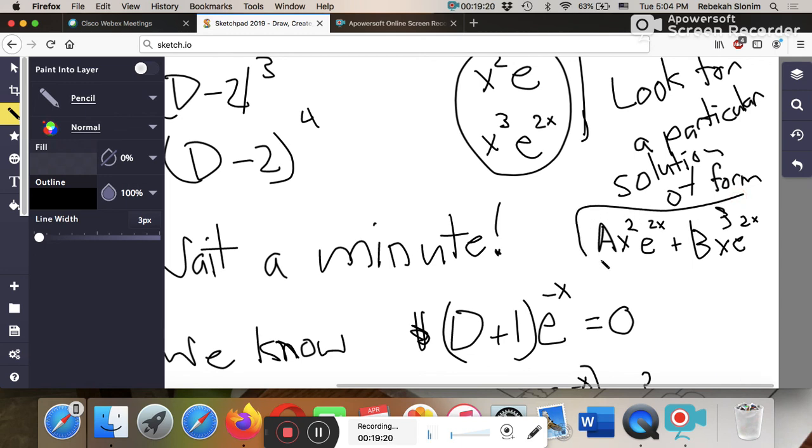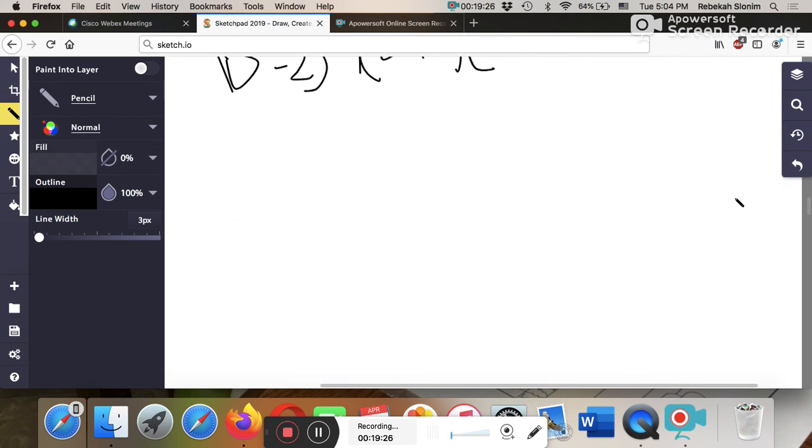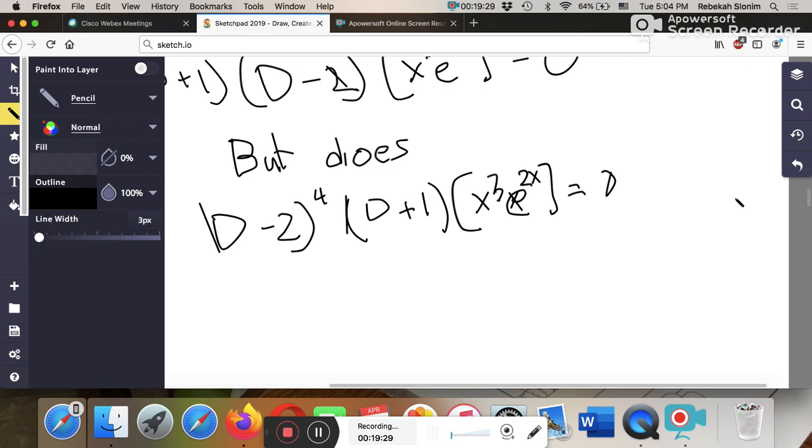All right, so that's the kind of thing we're going to look for, and we end up finding that. Maybe I won't do it just to save time, but we can find that, and that's how the annihilator method works.